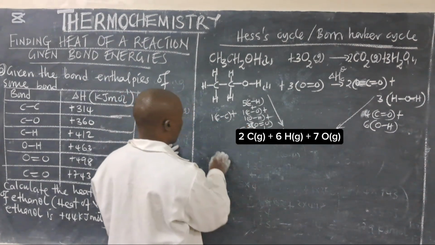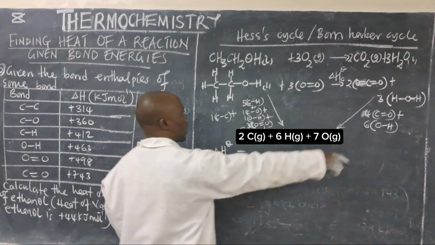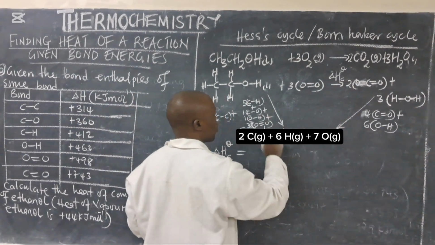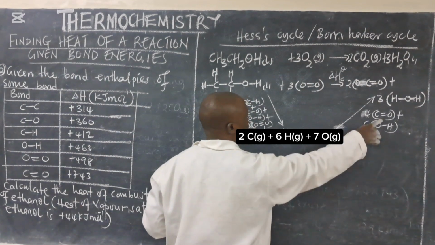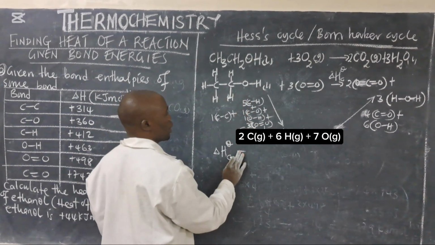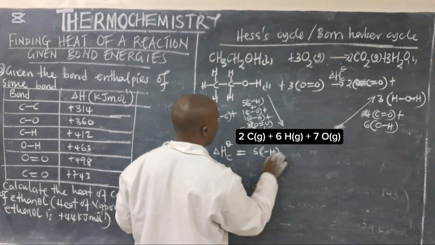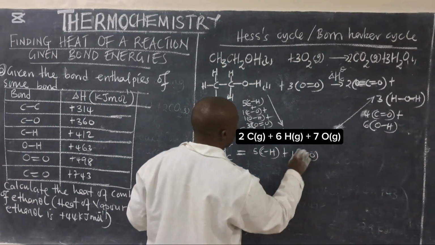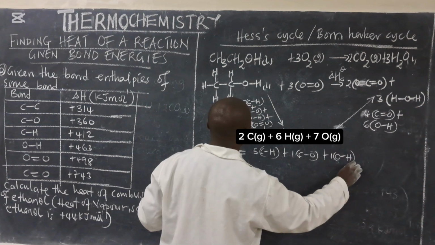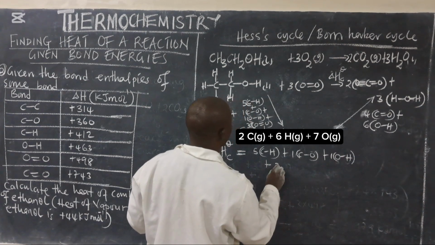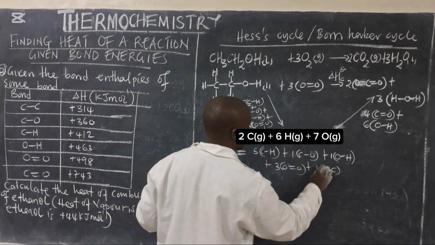So we are going to look at this heat of combustion. So we said you can either get this plus this equal to this, or you just change this arrow, then make all these heats negative. So it will be this is equal to this bonds plus this bonds plus OH is 1 plus double 1 plus CC bond here.